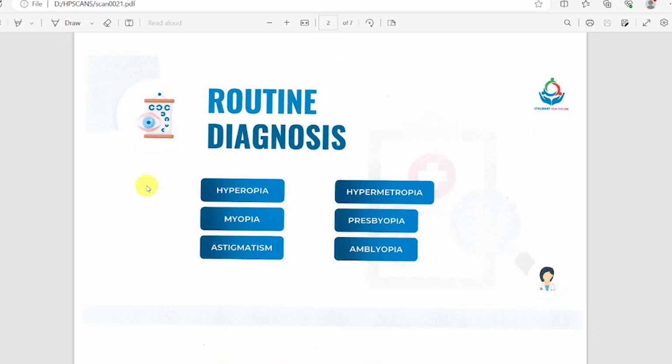More than likely, that would be considered routine. Again, if you're coming in for a contact lens refit, contact lens prescription, or a new prescription for glasses, or you have presbyopia, you're getting older and need a new glasses prescription, all that is considered routine.